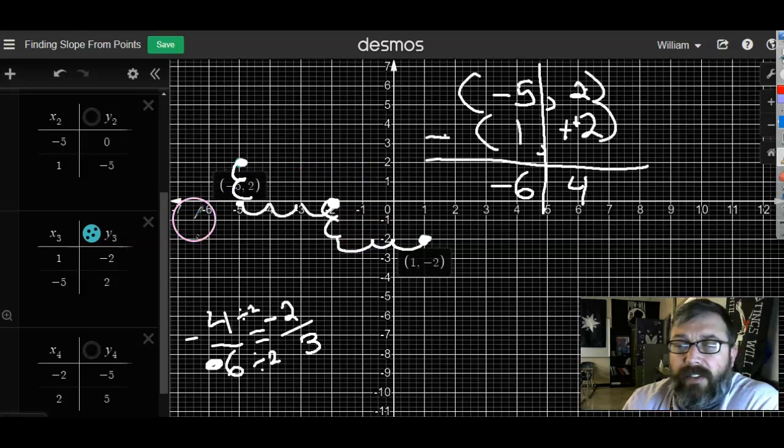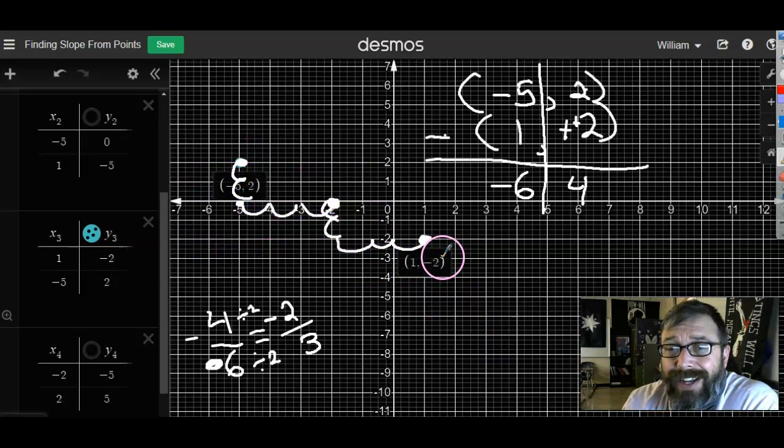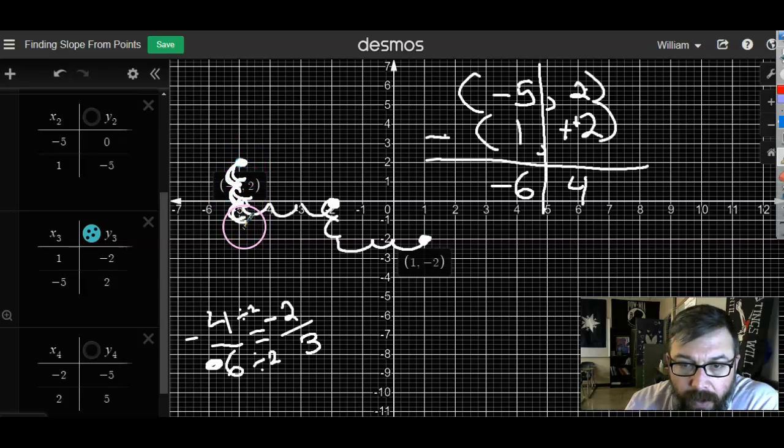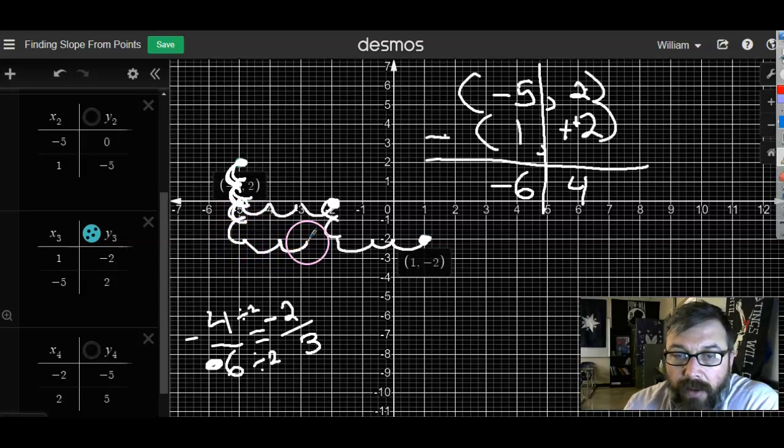Now, I want you to notice something. This ratio had the 2/3 in it. If I went 4, 6, the original one, I would have gone 1, 2. Wait, I didn't count this right. 1, 2, 3, 4. And then I'm going to go to the right 6. 1, 2, 3, 4, 5, 6.